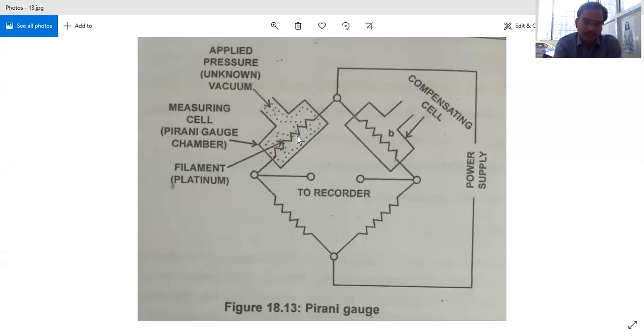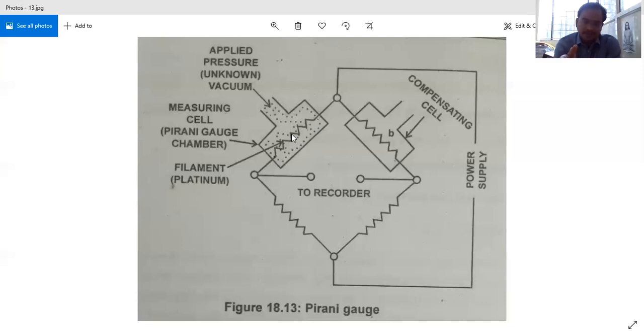The greater the density, the greater the dissipation. Depending on heat dissipation, the rate of cooling of this filament is affected. So the greater the cooling effect, the lesser the change in resistance of the material.